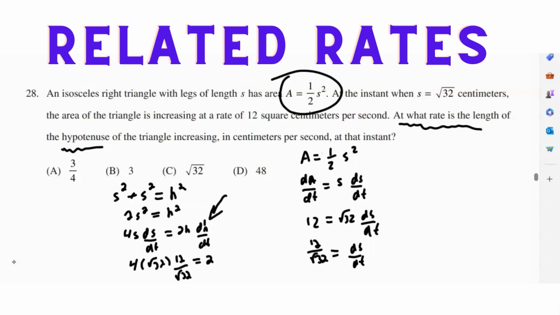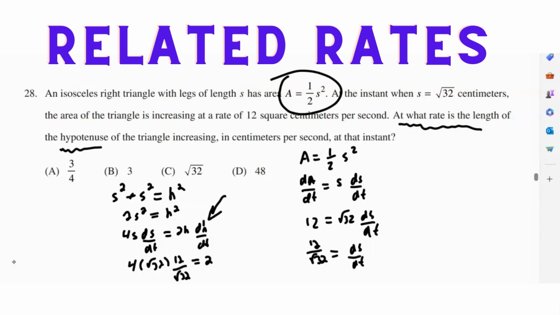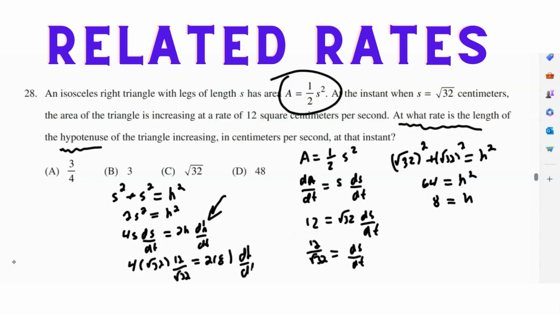Well, in order for us to get h, we know that we have the square root of 32 squared plus the square root of 32 squared is equal to h squared. So this would be 64 is equal to h squared. So h is equal to 8. So this is 8 dh/dt.